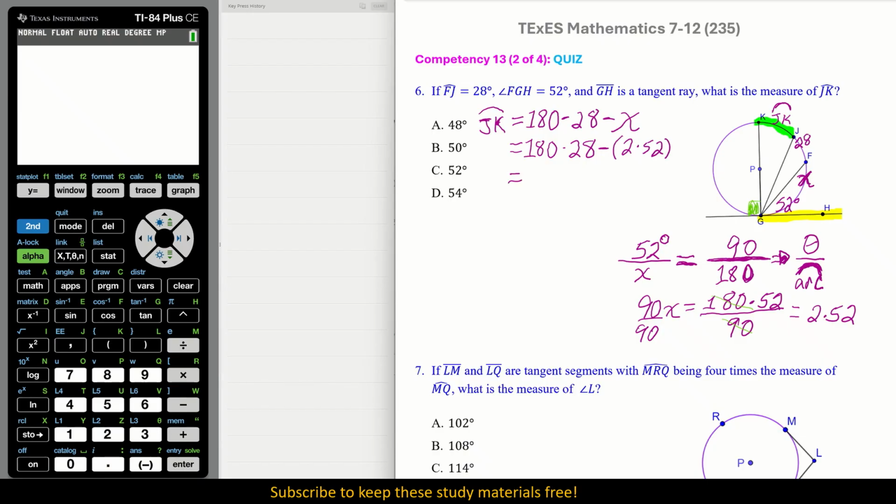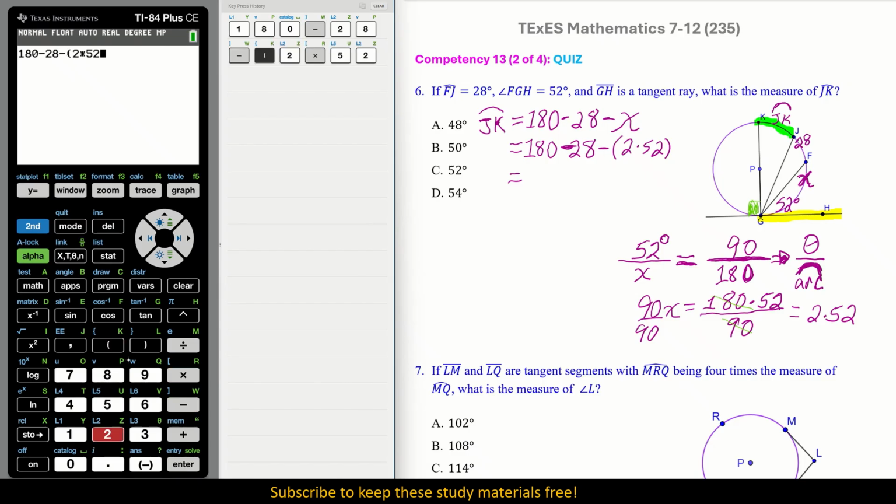Make sure you know that's a minus. So 180, subtract the 28, subtract in parentheses 2 times 52, close those parentheses, and the magic number is 48, which would be correct.